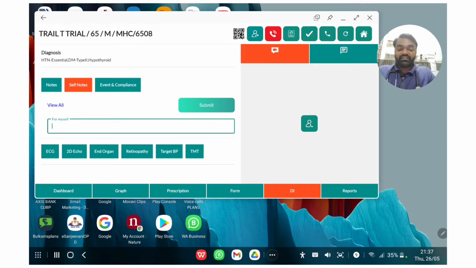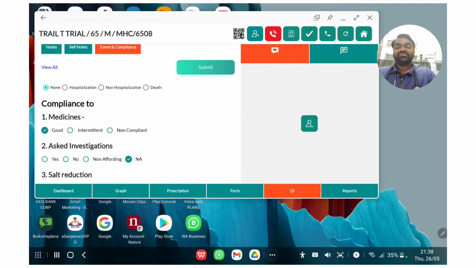If I tell them to do 2D echo, then whenever this patient comes for the next follow-up, there is one pop-up coming in, okay, last time I told this patient to do this, or we need to remember something specific about this patient, like I found renal bruit in this patient. So this is one specific patient we need to remember. So you can just submit it. Next time this will be the first pop-up, and you will be reminded, yeah, that was this patient.